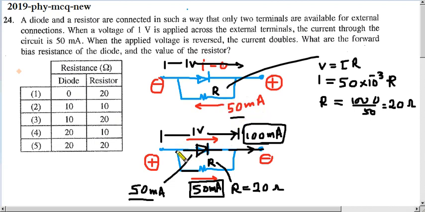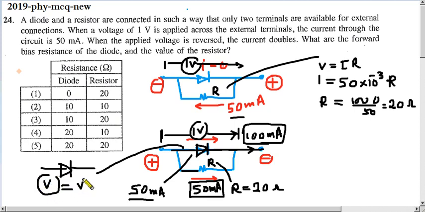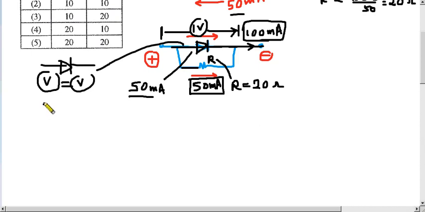And the voltage across the diode is 1 volt, also the same as the voltage across the resistor. So for the diode, voltage is equal, current is equal, then the resistance of the diode must be equal to the resistance of the resistor.